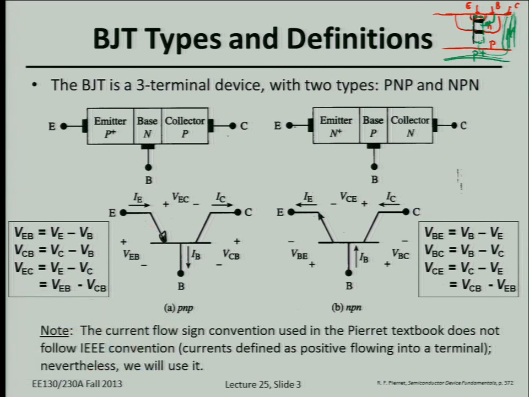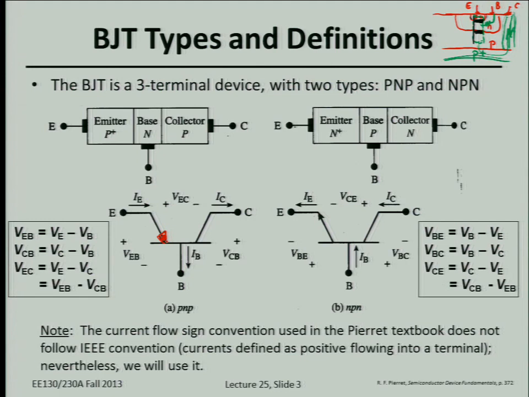Otherwise the symbol looks symmetric between the emitter and collector. So the way you distinguish the emitter is with the arrowhead, and the direction of the arrow always points to the N-type material. So we know that we have an N-type base on the left and an N-type emitter on the right. That's how we know if this is a PNP or an NPN bipolar junction transistor.